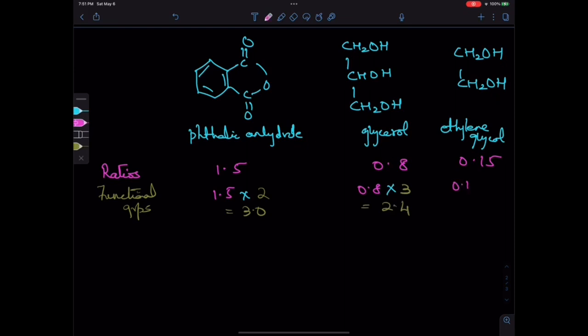And 2 hydroxyl groups for ethylene glycol, so 0.15 times 2 is 0.3. So the total number of hydroxyl groups is 2.4 plus 0.3, which is 2.7.